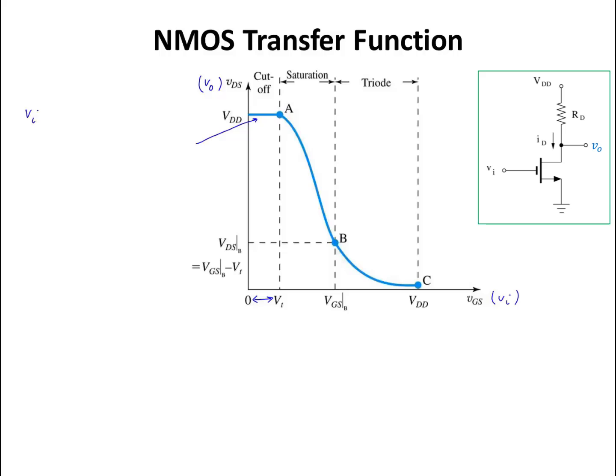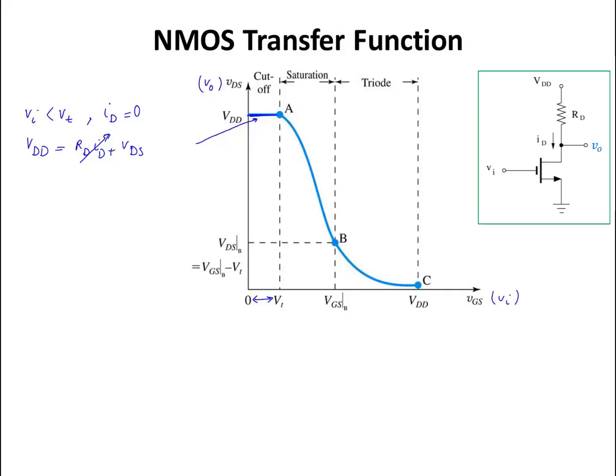In this region, Vi is less than threshold voltage, so ID, the drain current, is equal to 0. From the KVL for drain to source, I know that VDD is equal to RD times ID plus VDS. Because ID is 0, VDS, my output voltage, is equal to VDD.